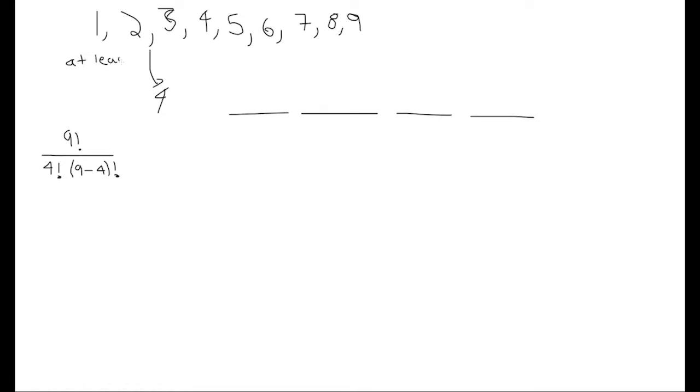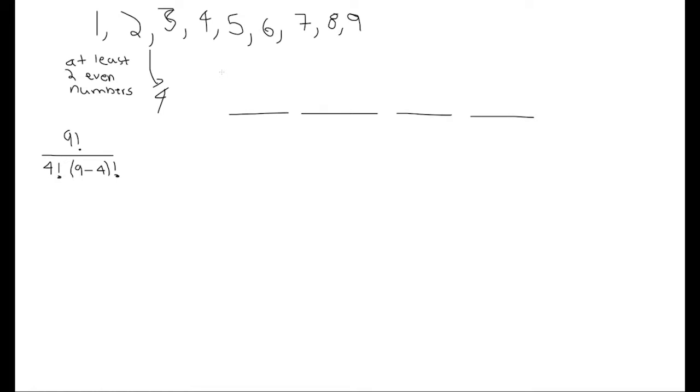So that's what I mean when I say at least or at most. It requires you to take a certain number of elements that have some sort of characteristic. So in this case, at least 2 even numbers is requiring you to take 2 even numbers when you are taking out your 4 numbers.